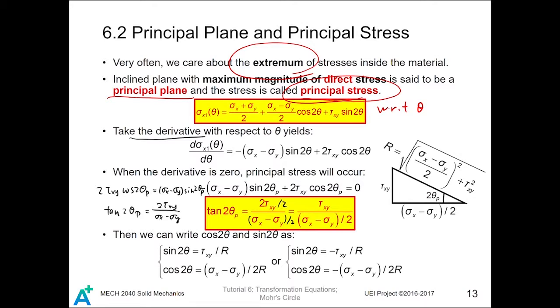Therefore, we want to solve for theta and the stresses. However, tangent 2 theta p can be decomposed into sine divided by cosine, and there are two forms that you can write. One is that both of them are positive. Another form is that both of them are negative. So note the difference in sign.